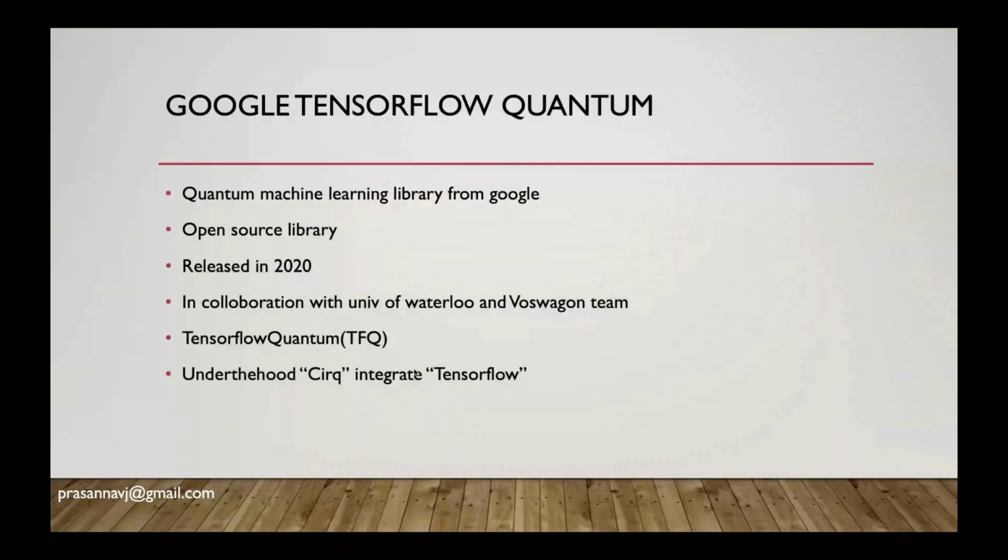To enable quantum machine learning, Google introduced in 2020 a library called TensorFlow Quantum. This was in collaboration with the University of Waterloo and Volkswagen. And the beauty of TensorFlow Quantum is, under the hood, it is basically the Cirq that we just saw integrated with TensorFlow as such.